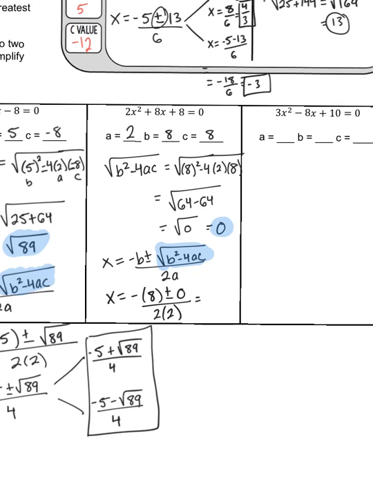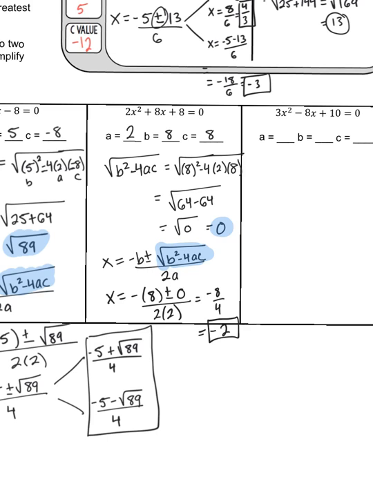So I don't really have to write the plus or minus 0, because if I add or take away 0 from something, it doesn't change what's there. So this is going to become negative 8 over 4. Well, 8 divided by 4 is 2, so this is going to become negative 2. So in this case, you only get a single answer, and that single answer is negative 2.